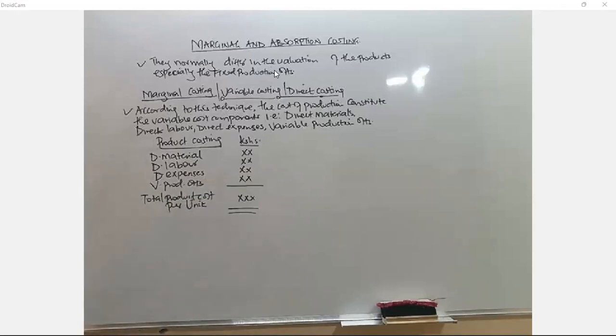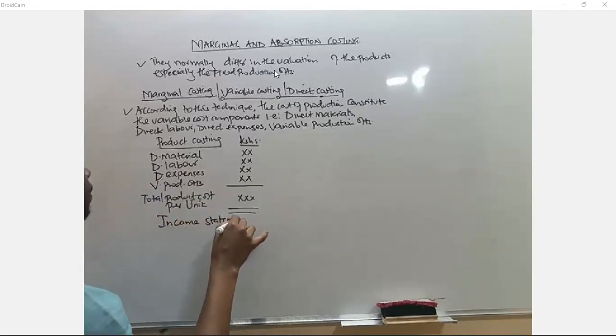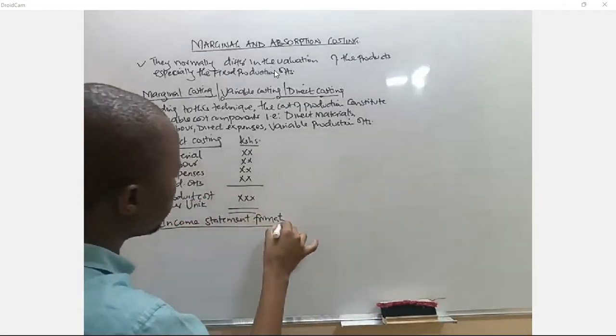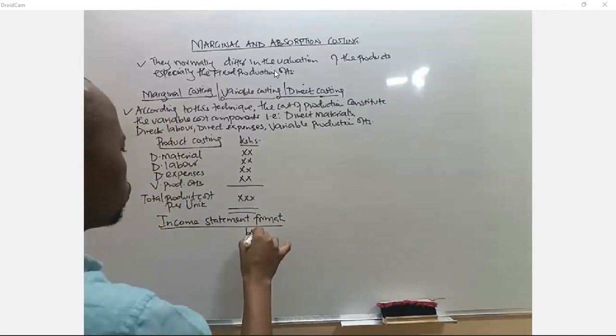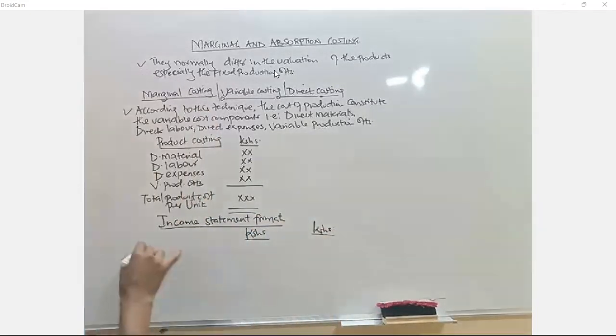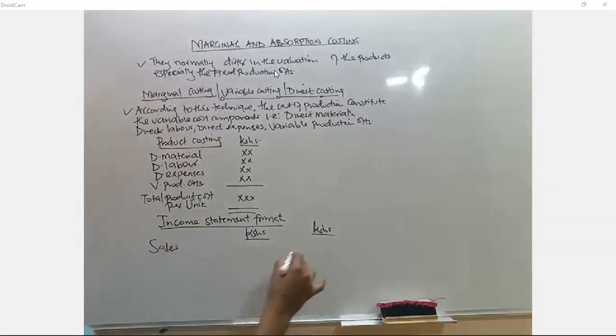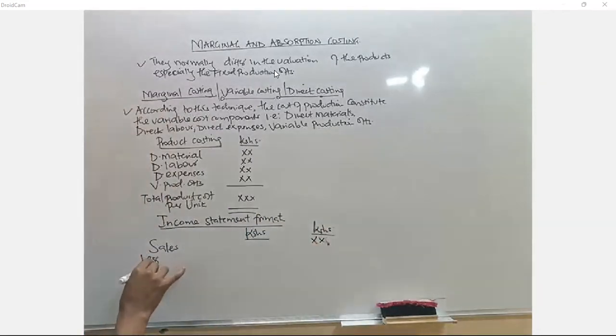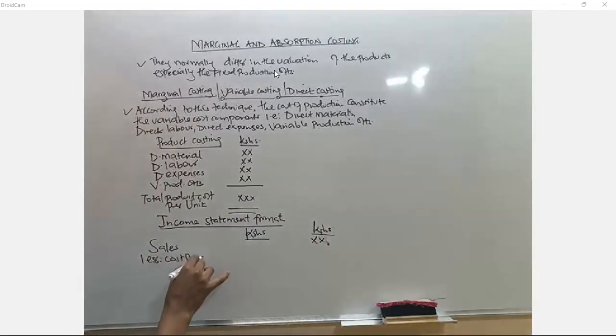Now, there is the calculation of the income statement. The income statement format has two columns, denominated in Kenya shillings. You start with sales, then less cost of sales. You know very well that we normally start with the opening stock.